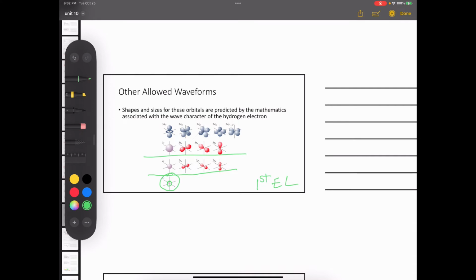This one here, the 2s, is the second principal energy level. This one is the third principal energy level.